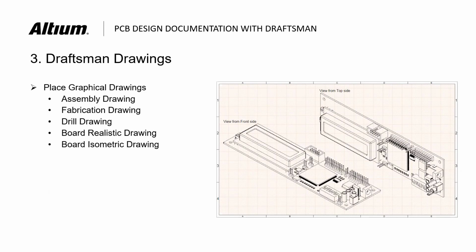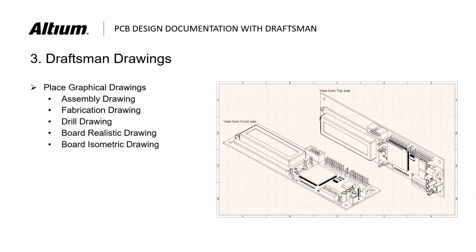The new feature introduced in Altium Designer 19 is that you can see multiple layers in the same board. Previously, up to 18, you could see only a single layer, but from 19 onwards an update was introduced so that you can see multiple layers of your PCB board in Draftsman. Then in the drill drawing, you will have the drill symbols, and a new feature introduced is that you can add symbols, and if you want to change them, you can also do that.